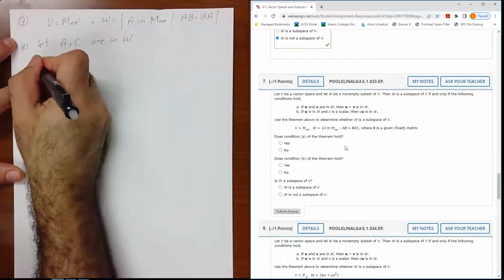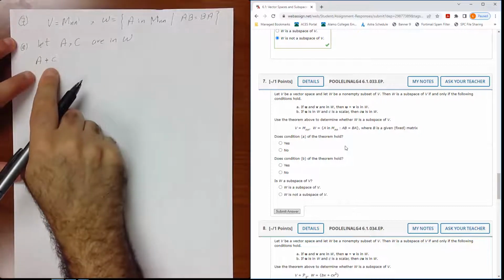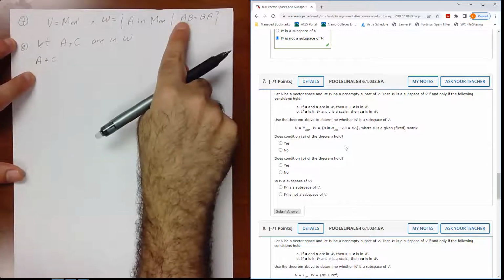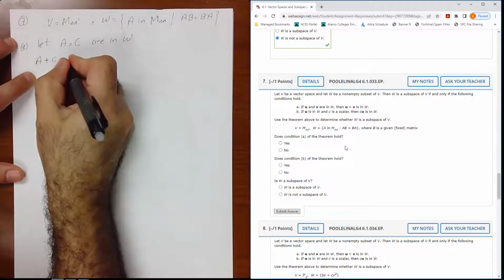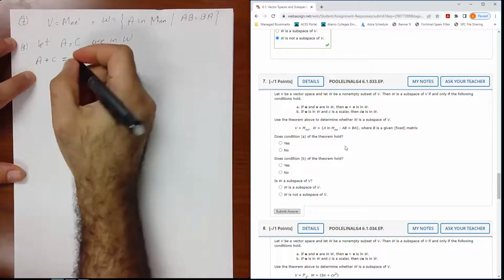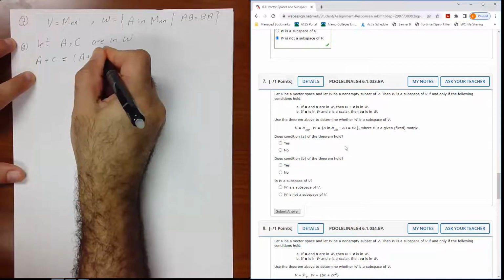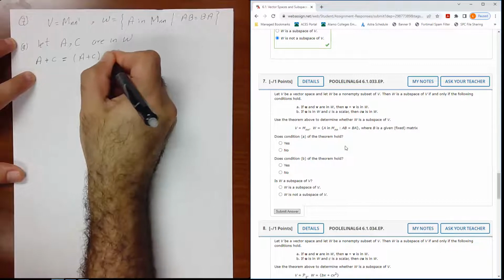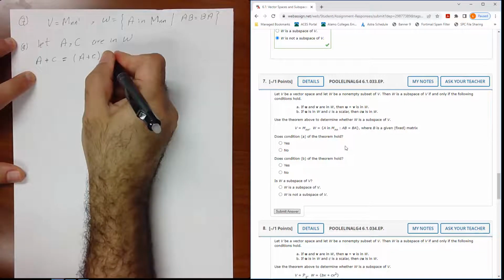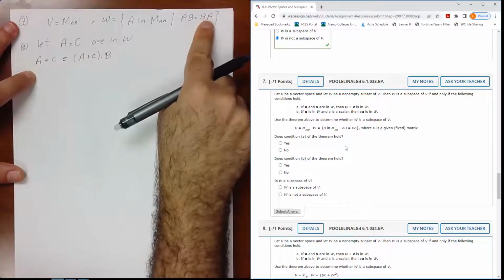If I say A plus C, B is a fixed matrix, I need to satisfy this condition. So here is A plus C times the fixed matrix B. Now I need to simplify this to get the second part.